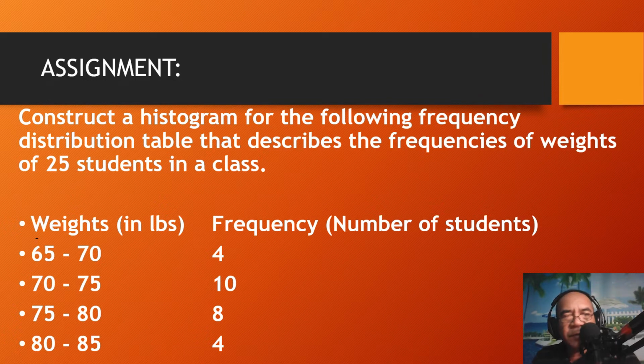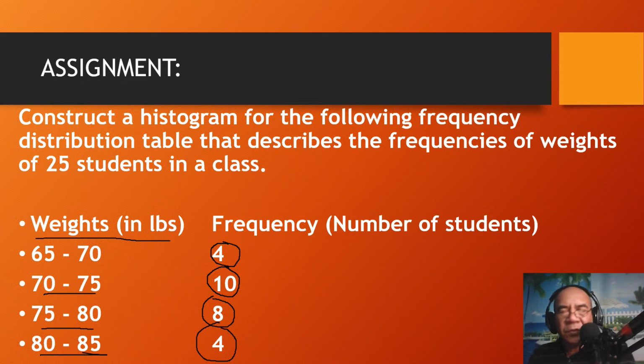We have the weights in pounds: 65 to 70 pounds for 4 students, 70 to 75 for 10 students, 75 to 80 for 8 students, and 80 to 85 for 4 students. That will be your assignment, and I hope you have learned something from today's lesson.